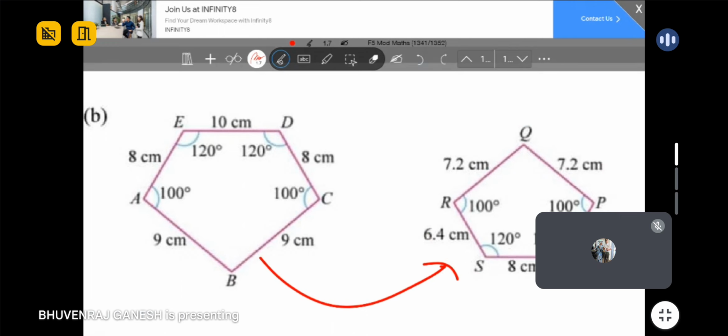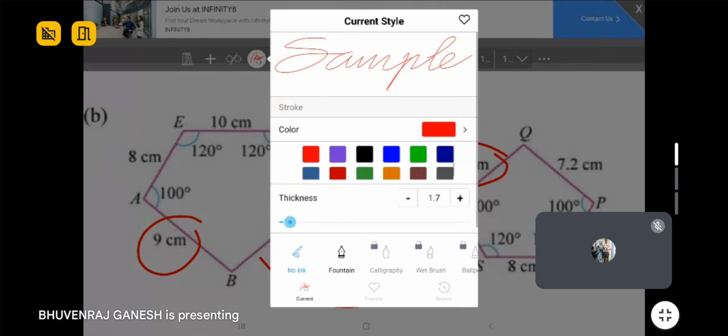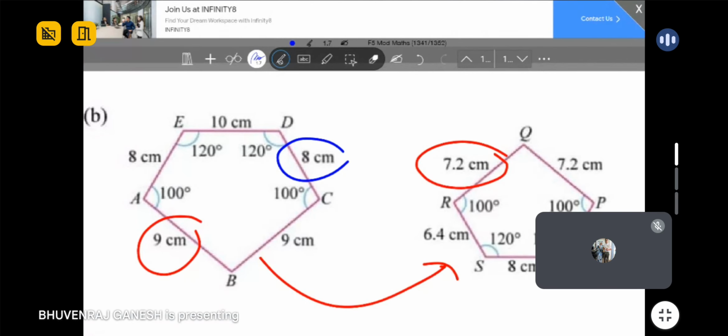Okay? So if you check and see, these two are the corresponding side, sisi yang sepadan. And then these two are also the corresponding side, sisi sepadan. And this one with this one. Can you all see? So guys, try to calculate and see. Kamu cuba buat 10 bahagi 8, you get 1.25.